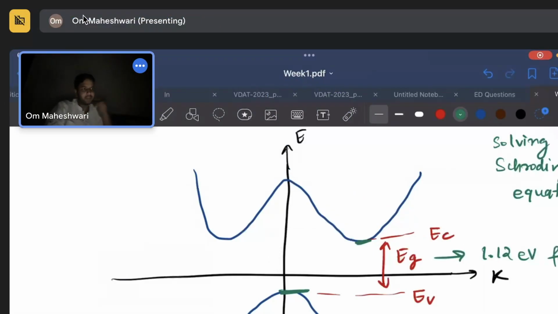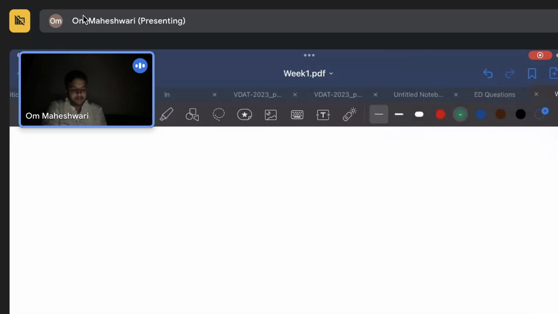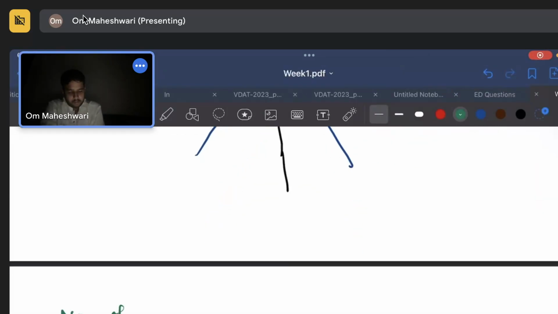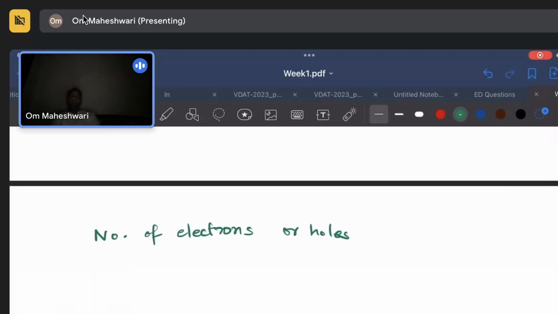Anyways, to find the current, what we are interested in is the number of electrons or holes. But the information that we currently have is not sufficient to find how many electrons or holes we have.